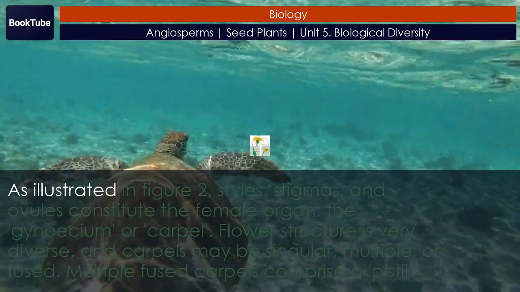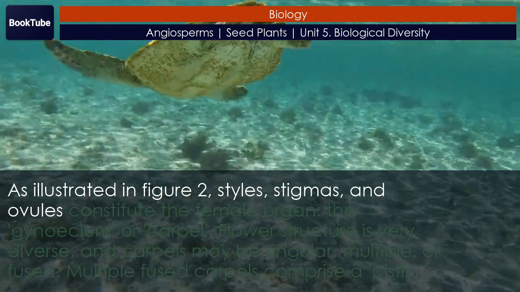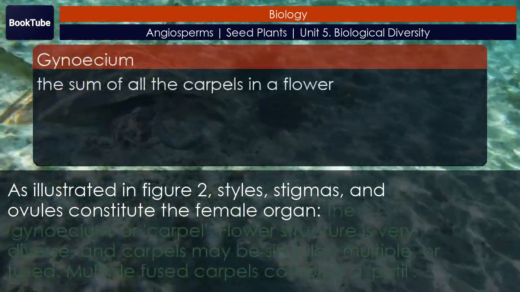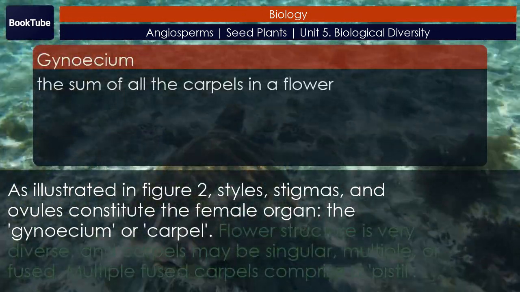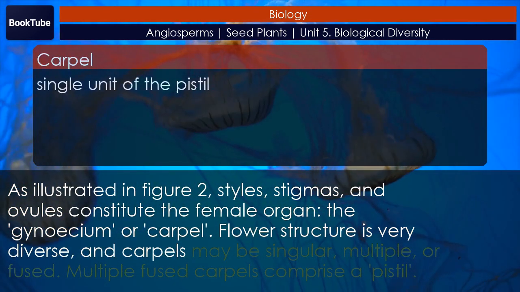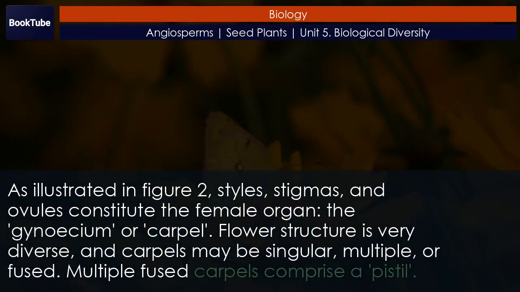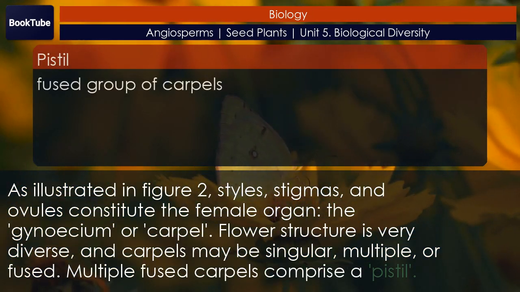As illustrated in Figure 2, styles, stigmas, and ovules constitute the female organ. The gynoecium, or carpel, flower structure is very diverse, and carpels may be singular, multiple, or fused. Multiple fused carpels comprise a pistil.